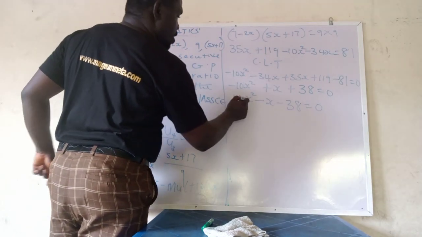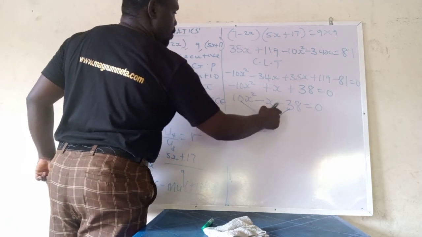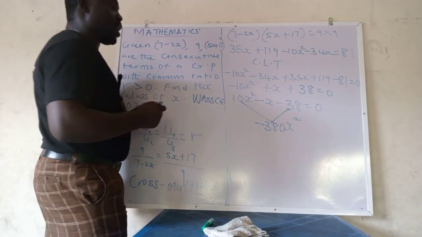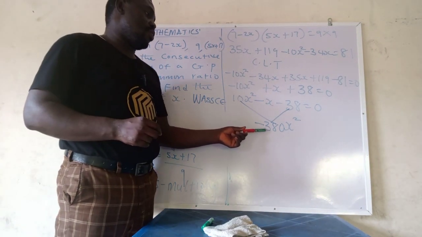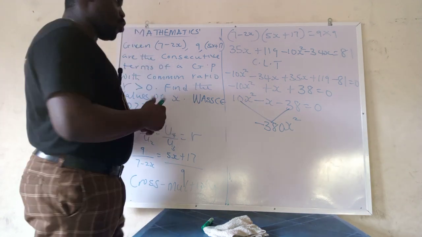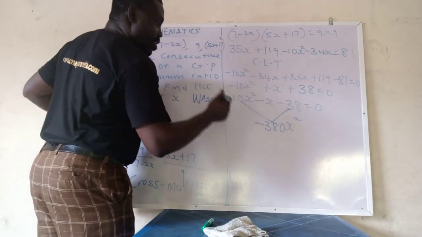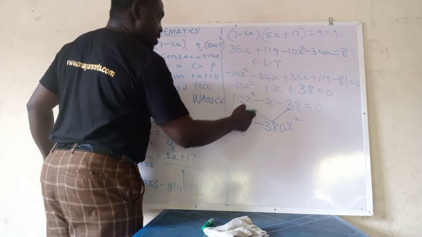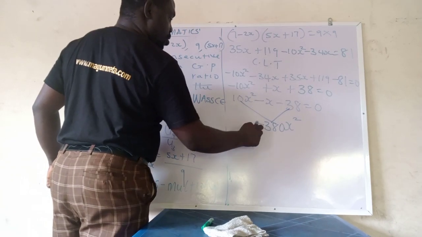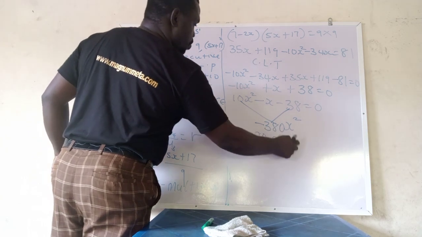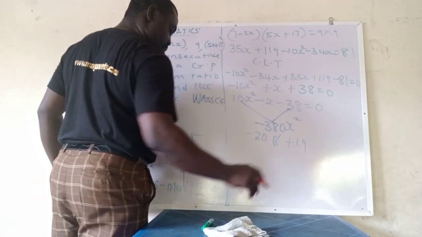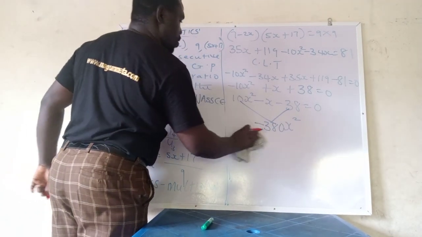Since it has led to a quadratic equation, we need two numbers whose product gives us this and whose sum gives us this. So we have to begin to think. What can satisfy that? Obviously, we have minus 20 and plus 19. Those are the factors we are going to use.